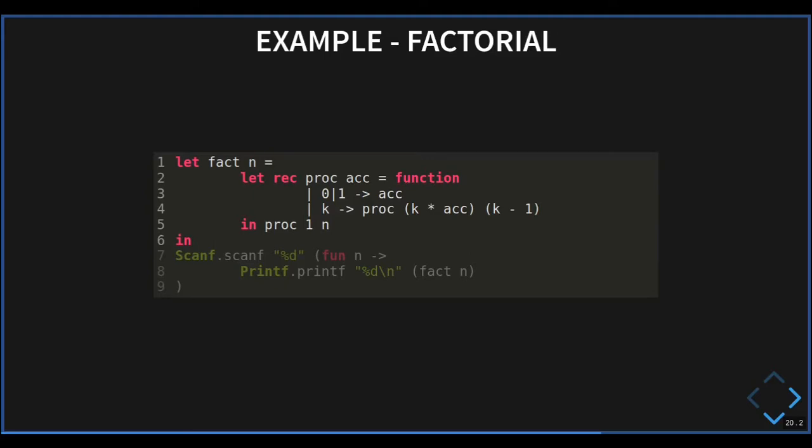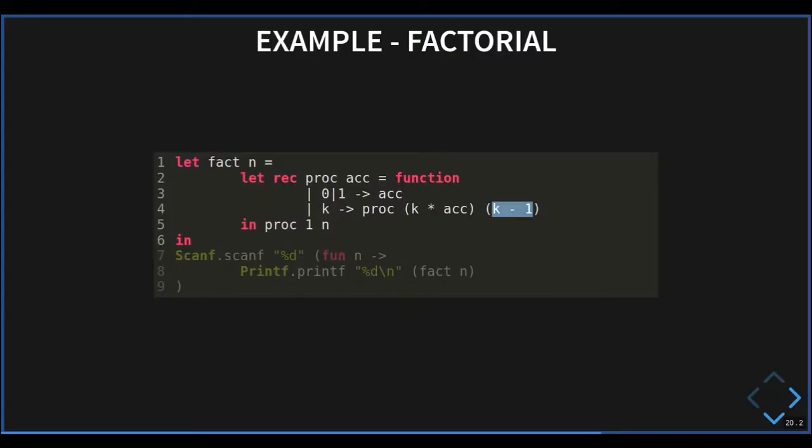and we initially call this function with argument 1, and this will be our accumulator, and the argument we want to calculate factorial of. Then for each invocation we multiply the accumulator by the current argument and call this function recursively with this value decreased by 1.